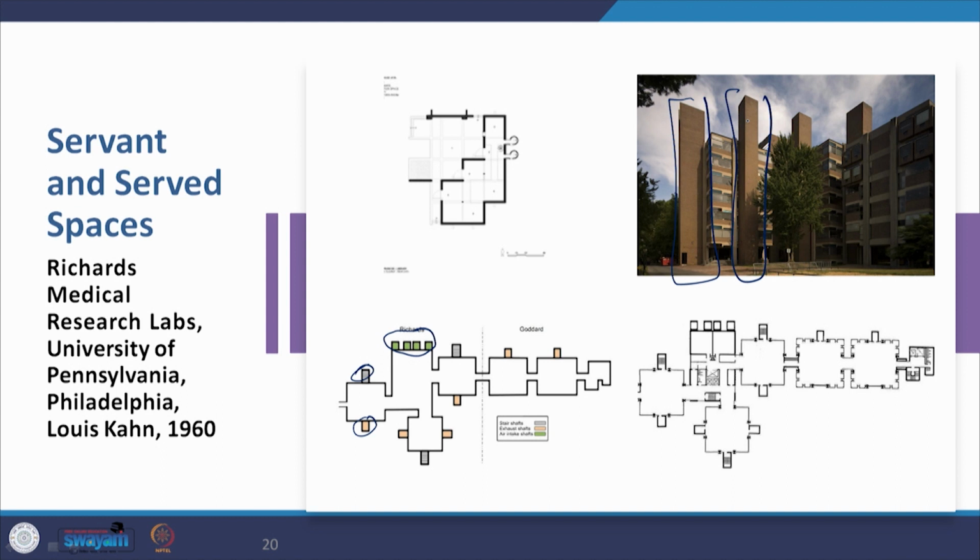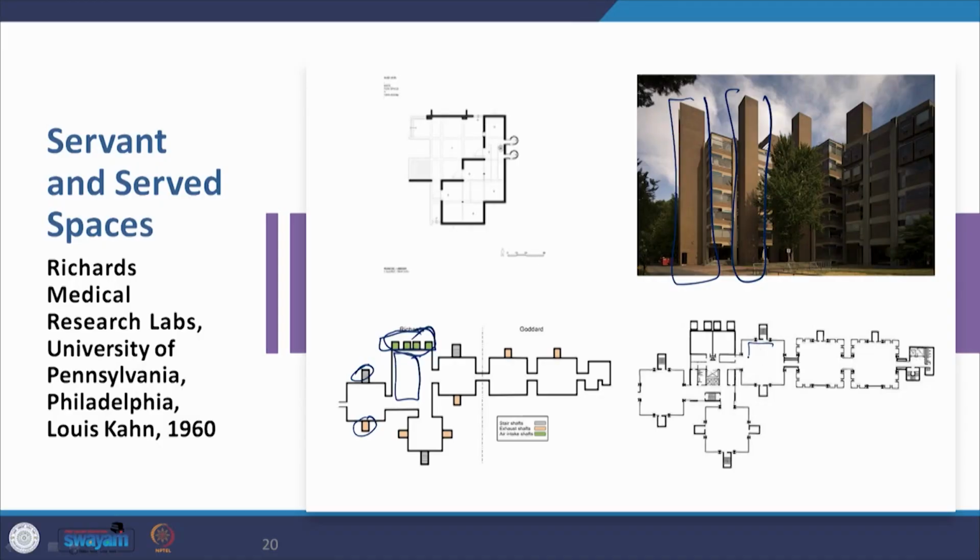According to what Kahn's idea was, these are the served spaces and these are the servant spaces, the services. So they should be on the periphery and on the outside of the building, so that the floor space can be completely free for the function of the building.